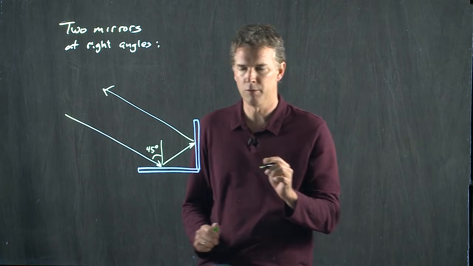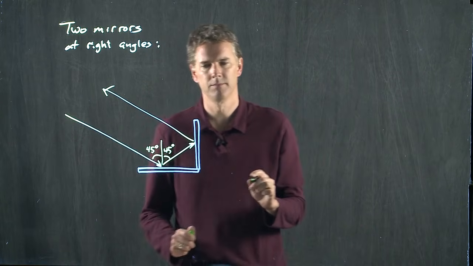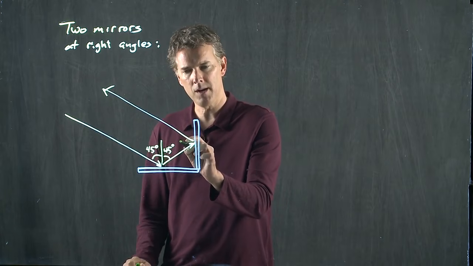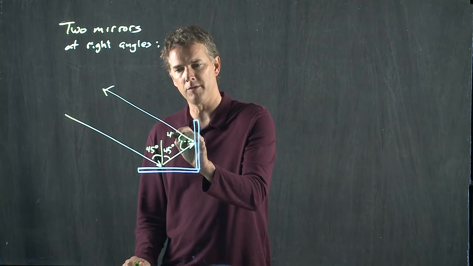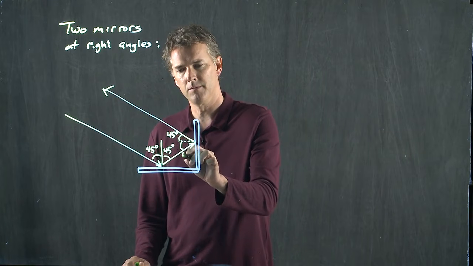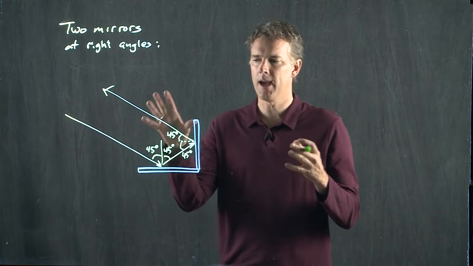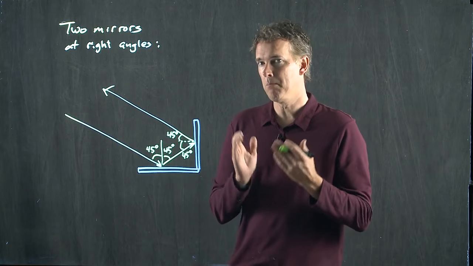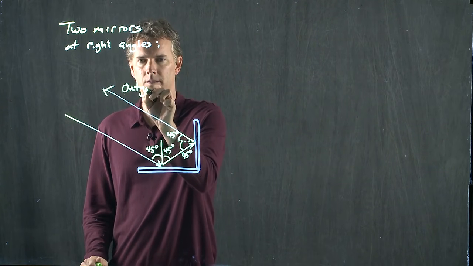And if that angle is 45 degrees, then this angle is 45 degrees. Okay? And if those two angles are 45 degrees, then those two angles are also 45 degrees. Okay? Everything adds up. The outgoing ray is in fact parallel to the incoming ray.